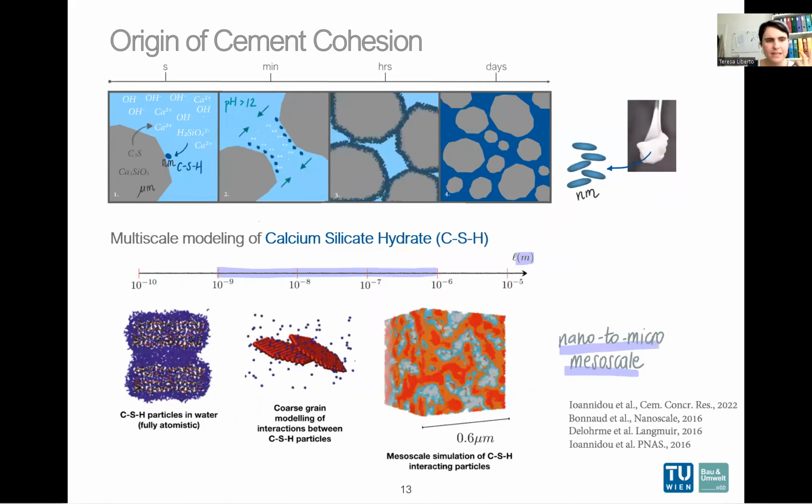I picked this very nice figure from the modeling, in which you can see that the CSH goes from a nano scale to a micro scale. I found it really nice to show you the complexity of CSH, and how it evolves with time.